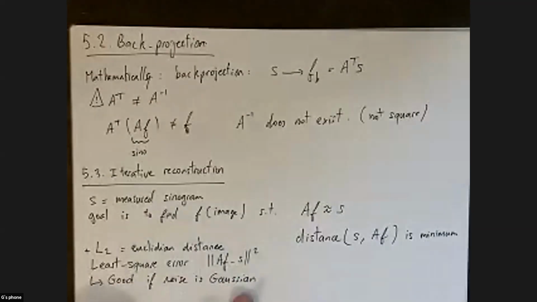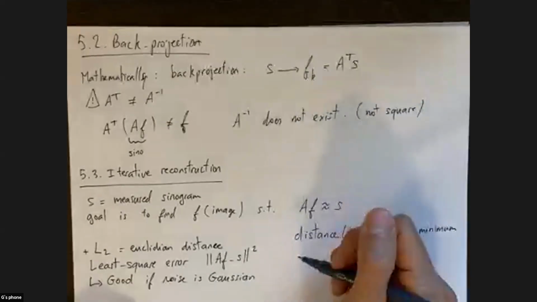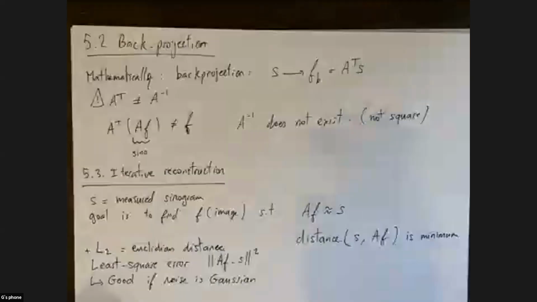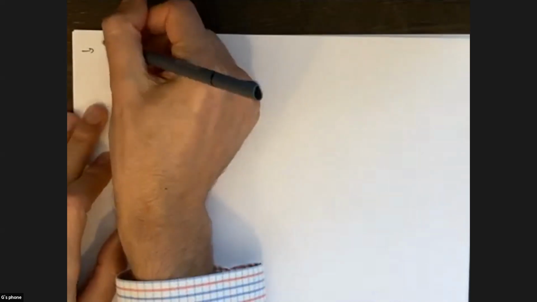Mathematically we could prove that the solution we get through this process is the best. However, the problem is that the noise in PET images is actually not Gaussian, it's Poisson, right? For Poisson noise, we have another type of distance that's more appropriate, which is called the log likelihood.